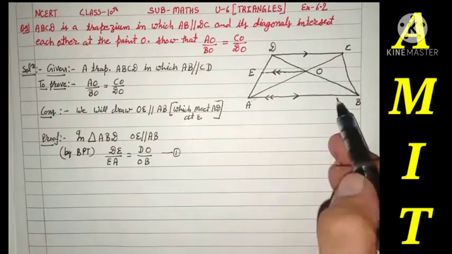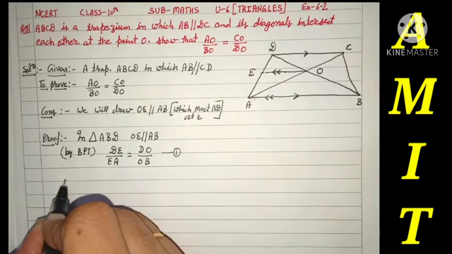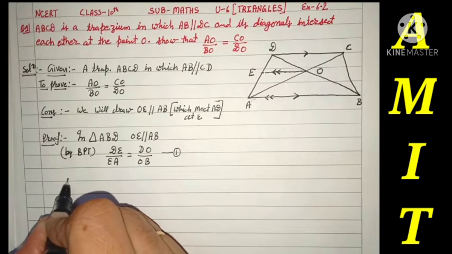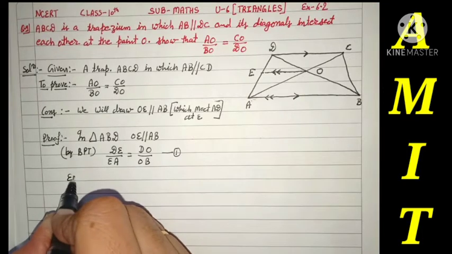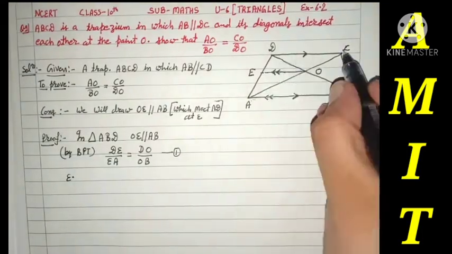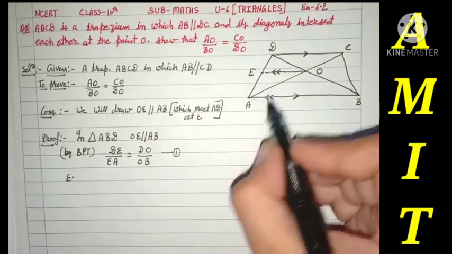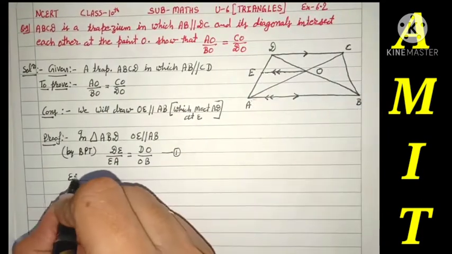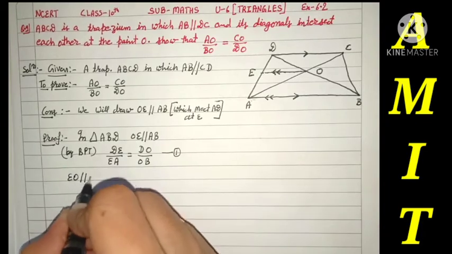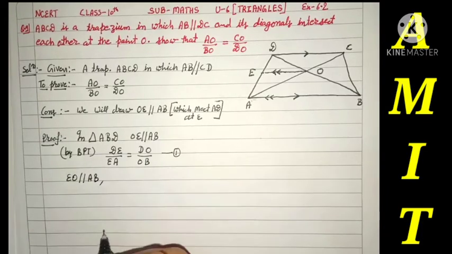Now we are already given that AB and CD are parallel, and EO is parallel to AB by construction.